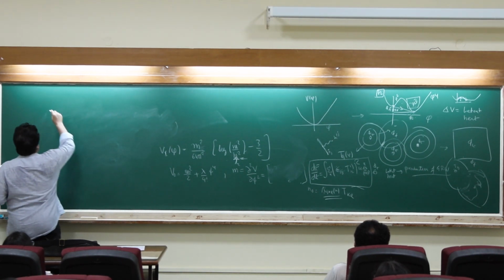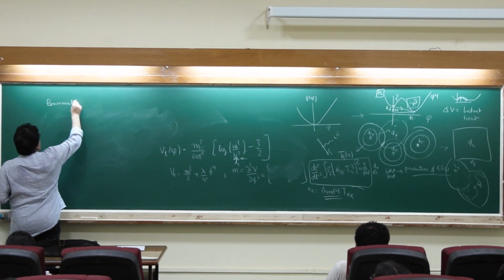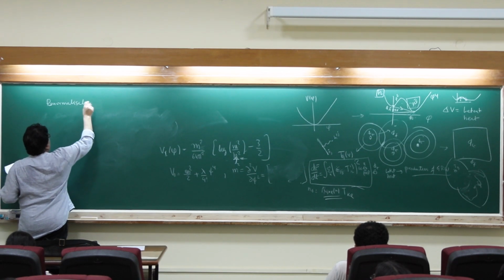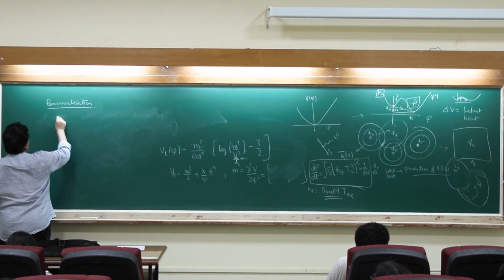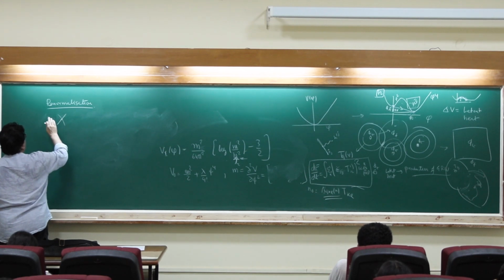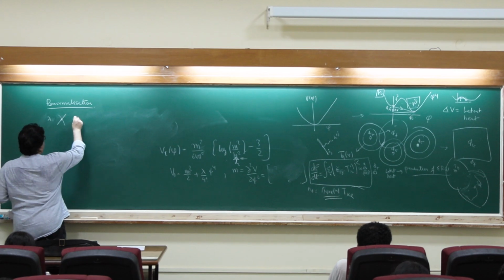So in the standard renormalization, let's say you start with lambda phi to the 4th. Okay, so I am writing the coupling. So this coupling is lambda. Okay, and you add to this.